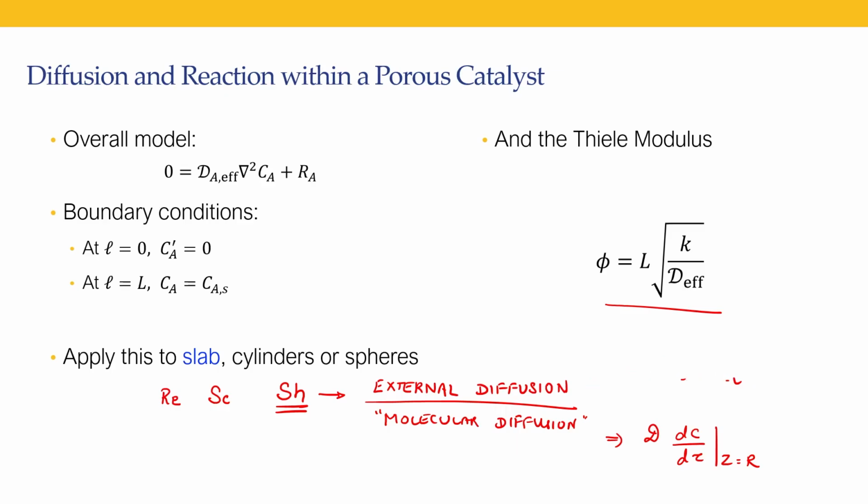For simplicity we will just call it the external diffusion coefficient that you can use to see what really happens if you were to solve the overall equation. So it's really a ratio of that.